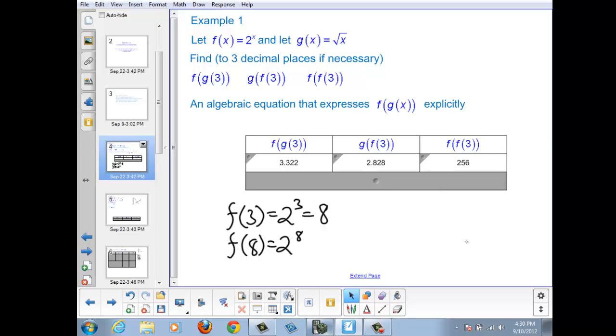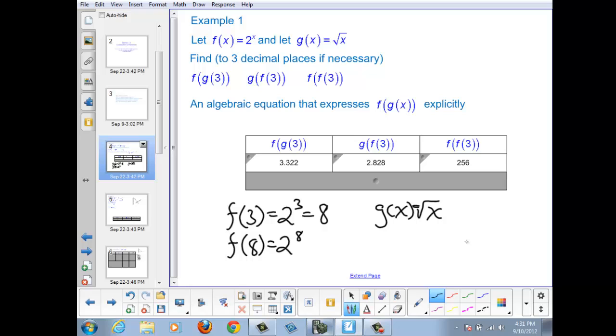Bingo. Now, we want an algebraic equation that expresses f of g of x explicitly. So we use the same process, but instead of using a number, we're going to use x. So the first thing we do is we plug x into g, which we've already done. So g of x being the square root of x.